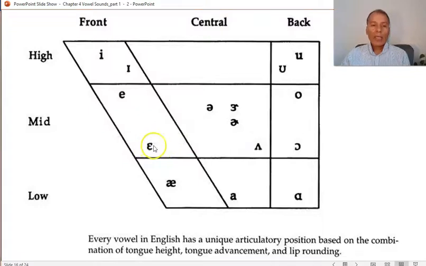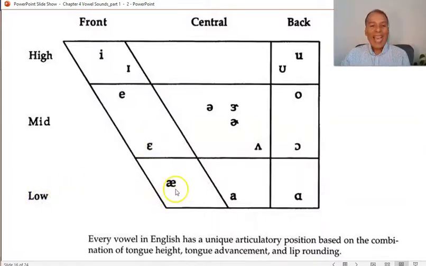The E as in head, read, bed, said. That E is mid-front, lax, unrounded.